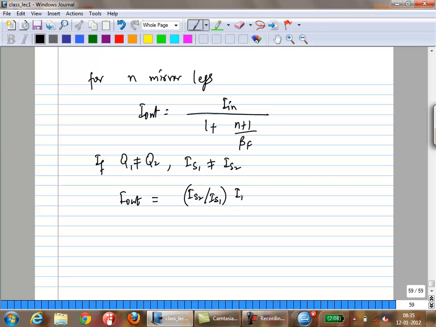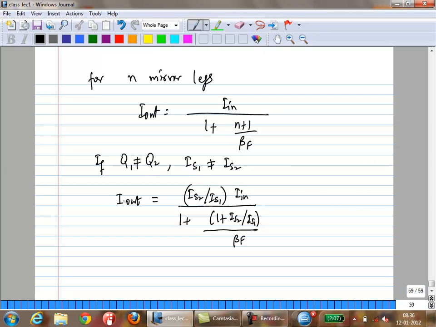You can show that, for a simple current mirror which is not identical, this is the relation between output and input currents. So this is the error due to finite beta F.